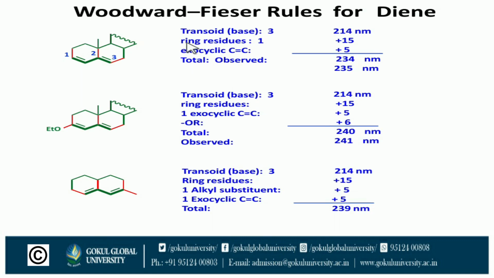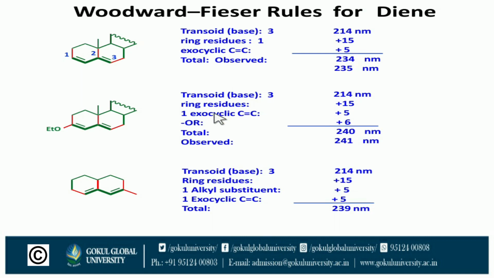There are three ring residues present here, 1, 2 and 3, so 3 into 5 is equal to 15. One exocyclic double bond is present here, so the value is plus 5. The total value is 260 and the observed value is 235.